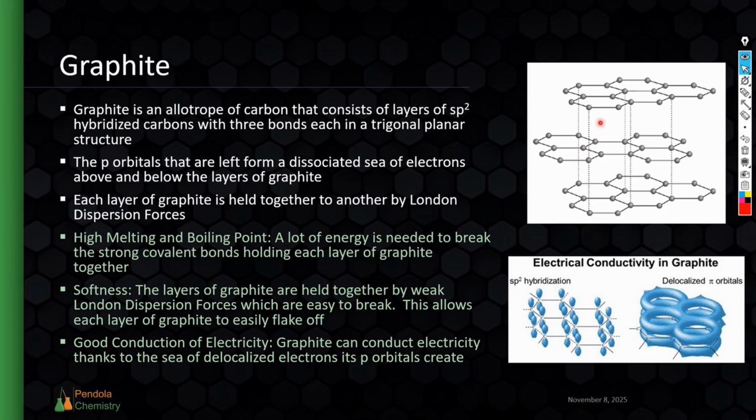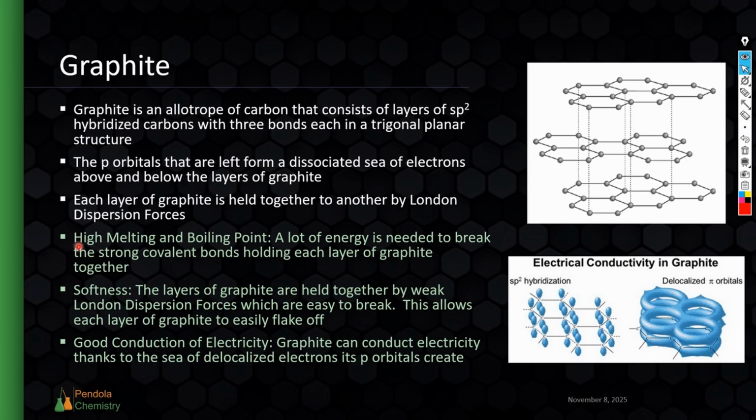What happens because of that is that the layers of carbon are independent of each other, except that they're held together by London dispersion forces. So we have these very strong layers of covalently bonded carbon with delocalized electrons, held together by intermolecular forces, London dispersion forces, which are fairly weak. And this gives graphite a lot of different special properties.